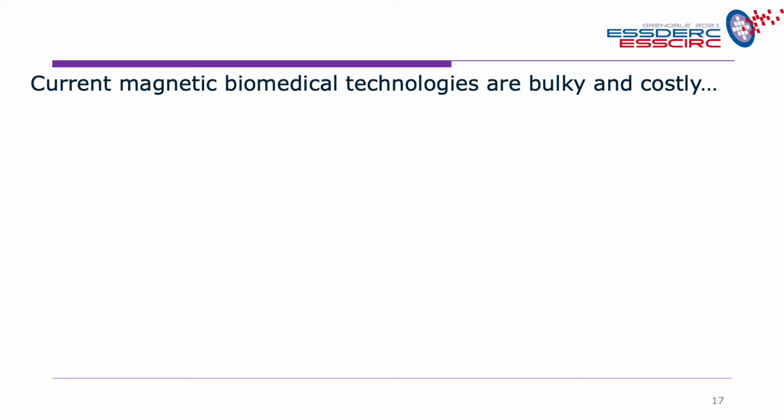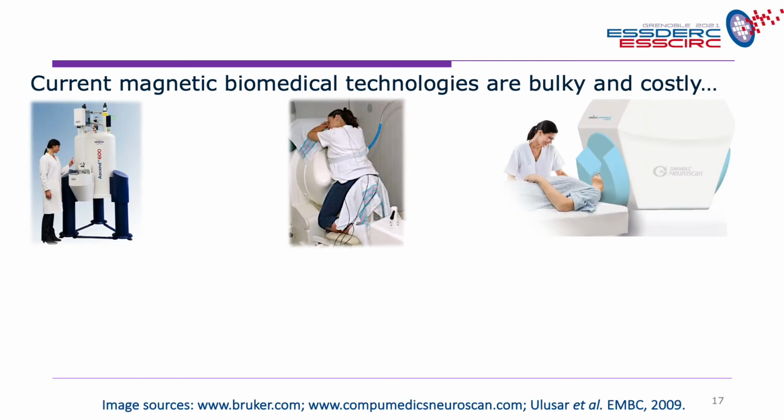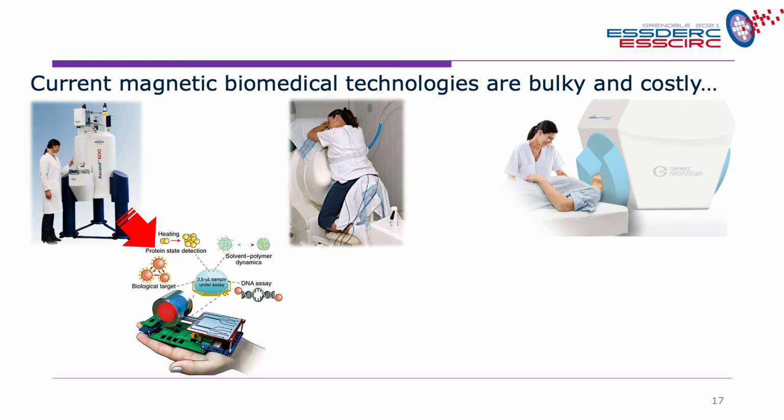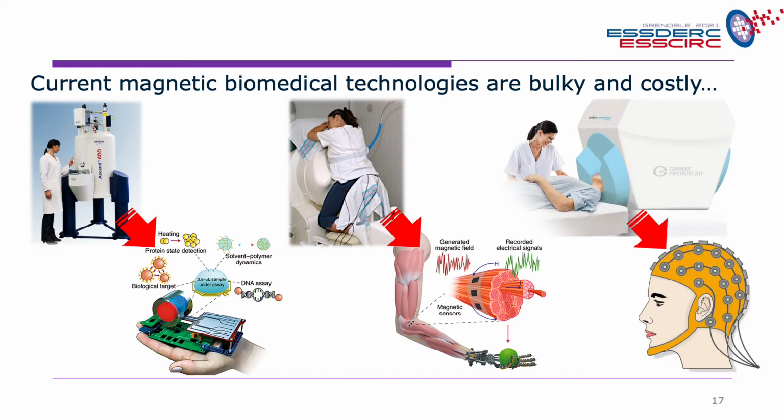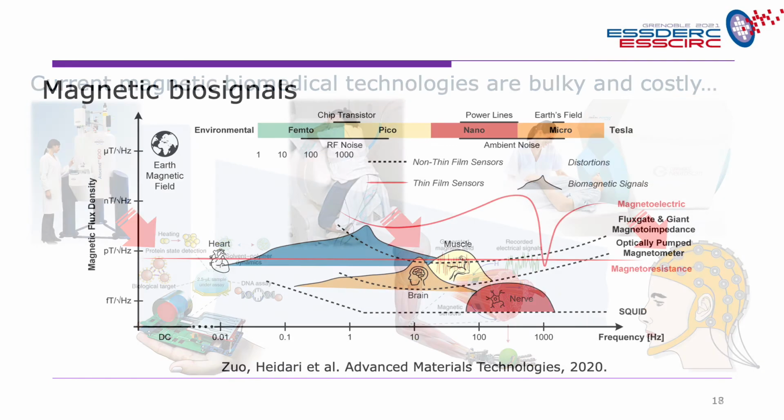Our research vision is to create the next generation of magnetic systems that are smaller and less expensive compared to the current technologies, which can be portable and implantable, as well as wearable.